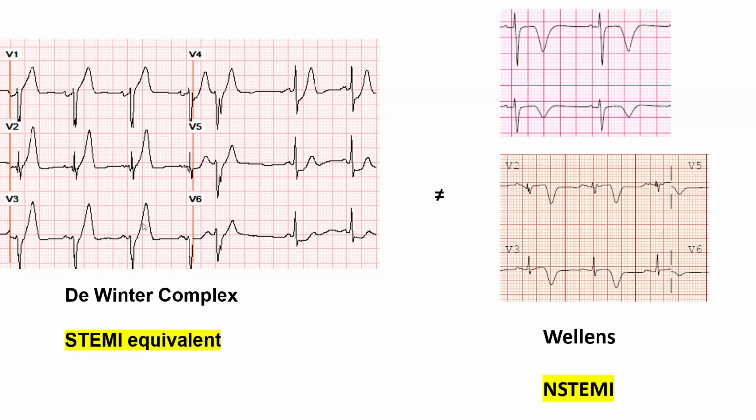You have those hyperacute tall T waves in the precordial leads with an upsloping ST depression. Be careful, distinguish DeWinter complex from Wellens, those biphasic or deep anterior T waves with coved ST segment. Wellens is a non-STEMI, whereas DeWinter is a STEMI equivalent.